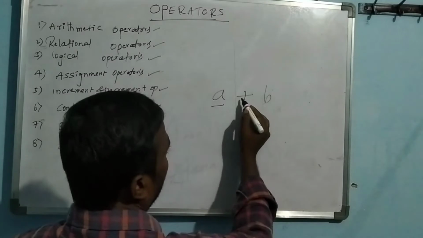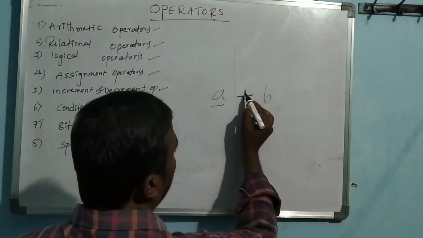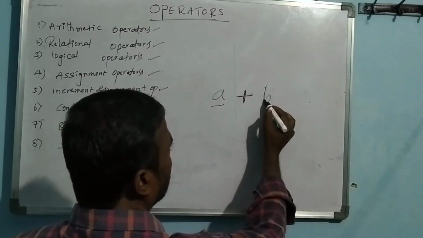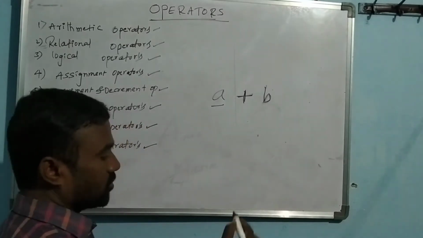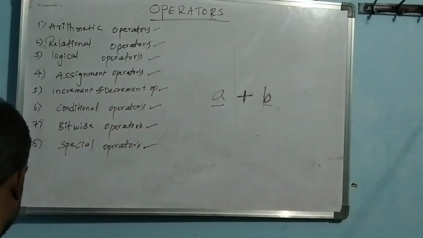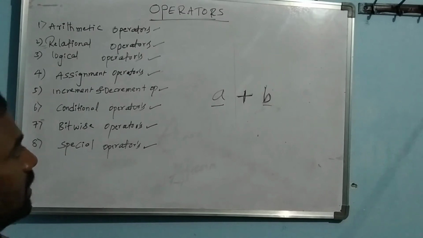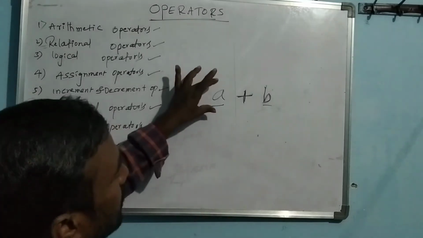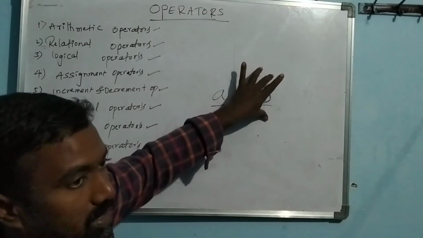A is a variable, plus is a symbol, and b is also a variable. So a plus b means a is a variable and b is also a variable.